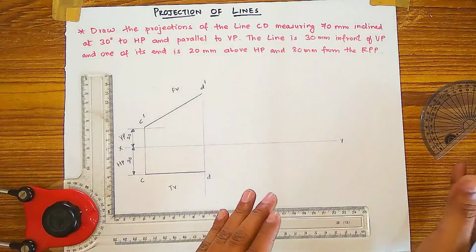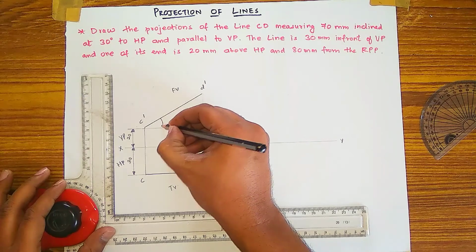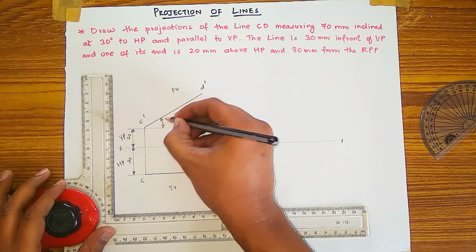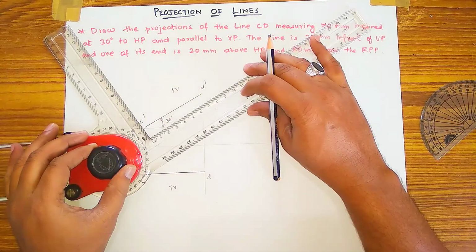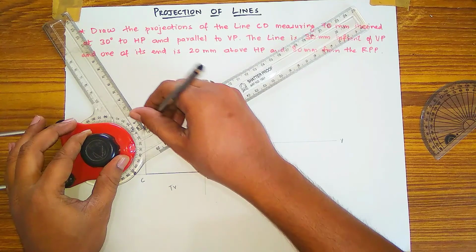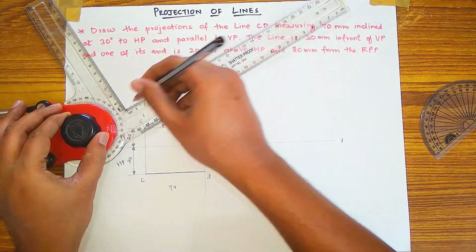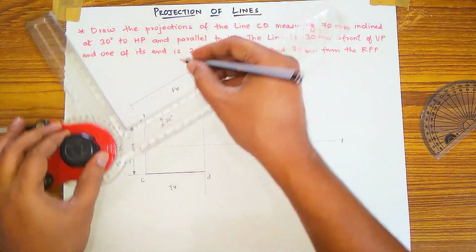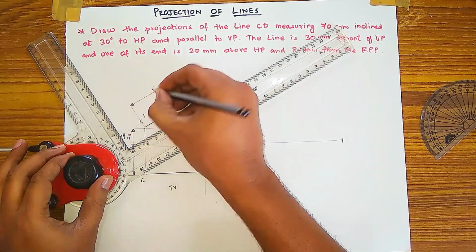Okay, as in the practical also I have shown you how the line is inclined, and shown the angle also 30 degree, and this line measurement is 60 mm.